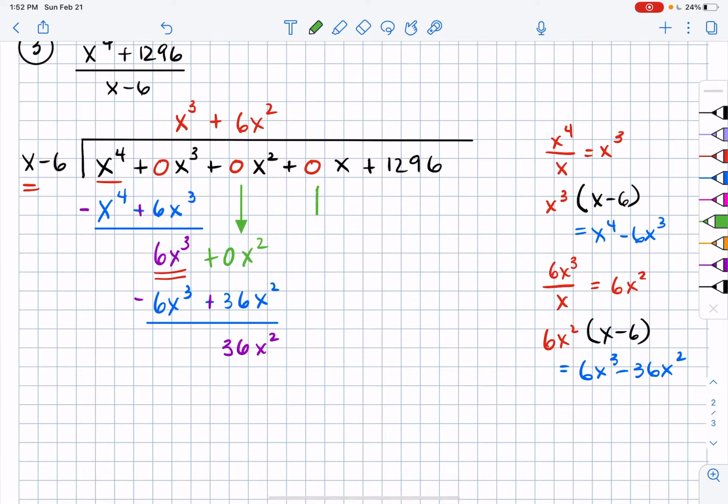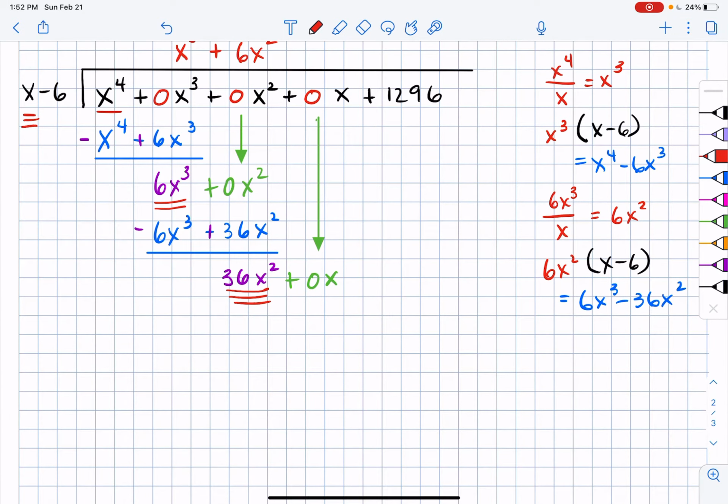Then, look at that, that one actually works. So I bring down the plus 0x. Then I ask myself again, how many times does x go into 36x squared? 36x squared divided by x gives me 36x.